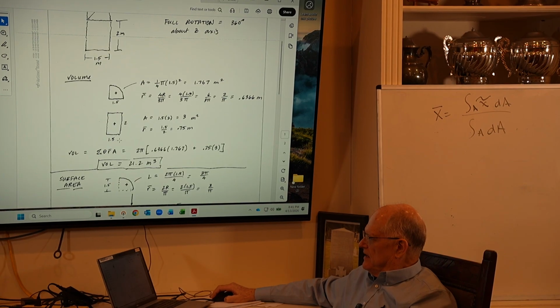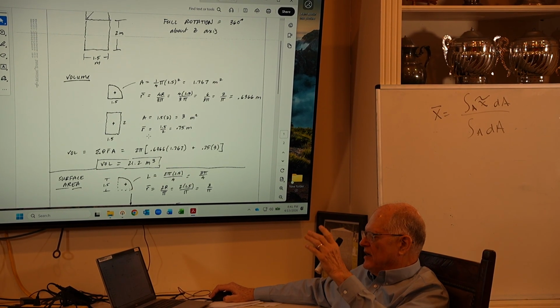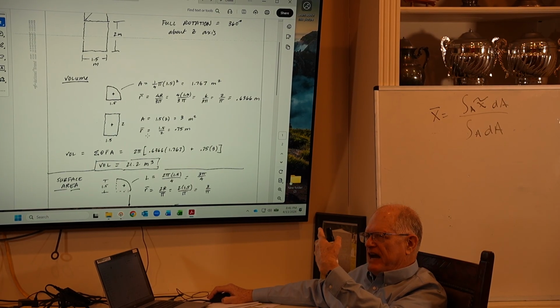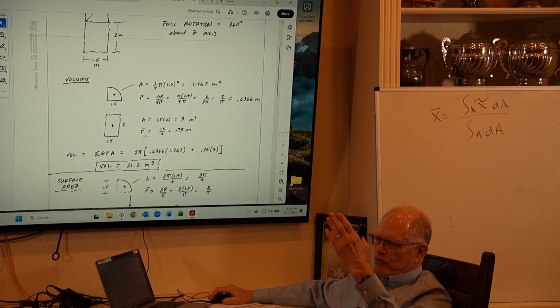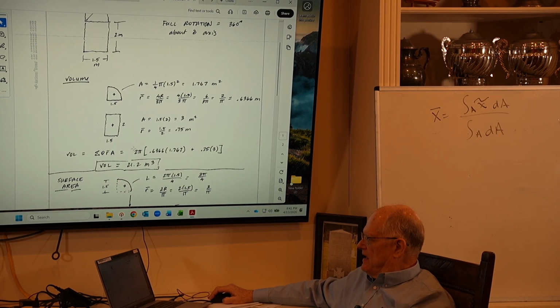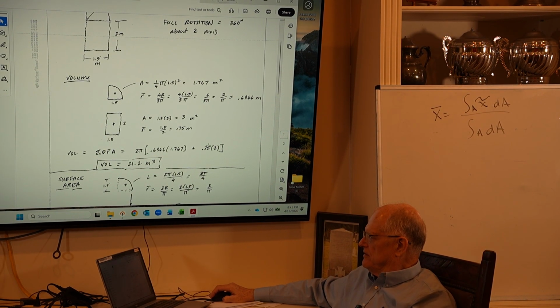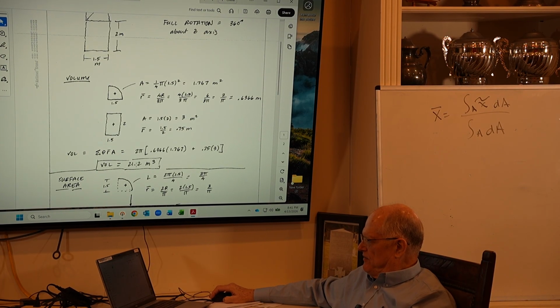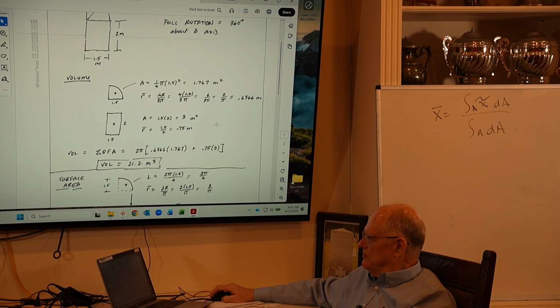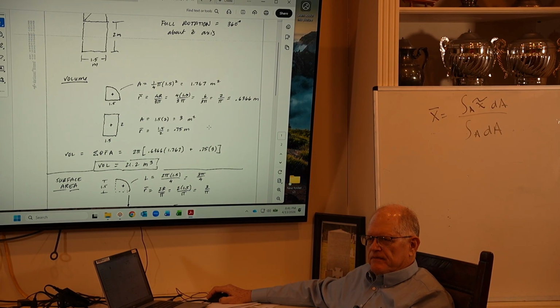So the volume is the sum of theta r bar times A, but since everything is rotated through 2 pi, we can bring the 2 pi out of the sum. So I've got 2 pi times r bar times area plus r bar times area, and the volume is 21.2 meters cubed. So the volume is rotating the areas through the angle.